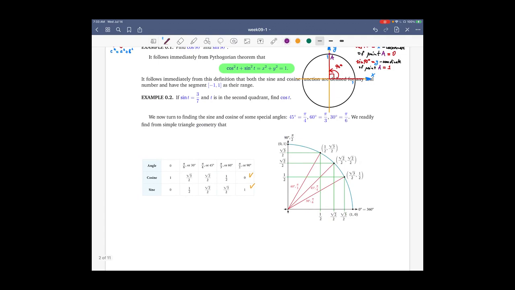So what we know is that cosine 90 degrees, which is the same as cosine of pi over 2, is 0. And sine of 90 degrees equals sine pi over 2, is 1.